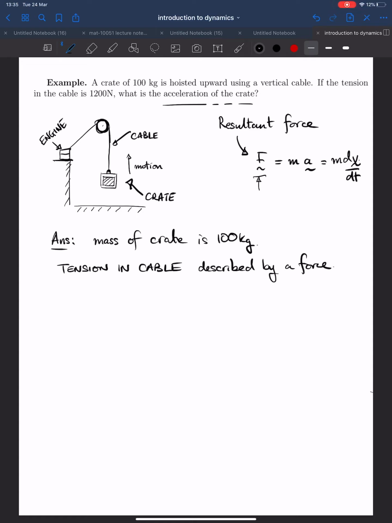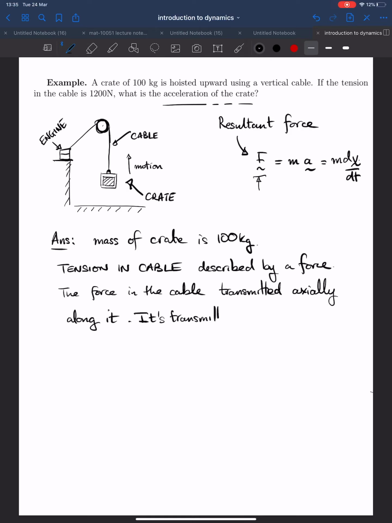And basically, this is the force in the cable, transmitted axially along the cable. Okay, so it's transmitted where to? It's transmitted to the crate.